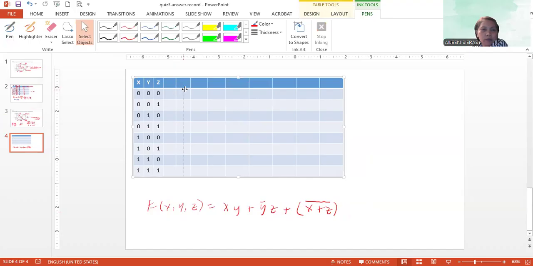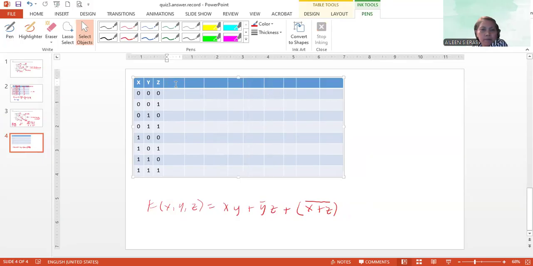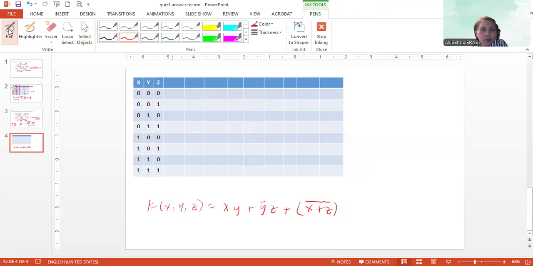So for the xy, we will just move here first so that it's easy for us later on to write the value of each combination. Okay. Let's start with the xy. So we have here x, y.